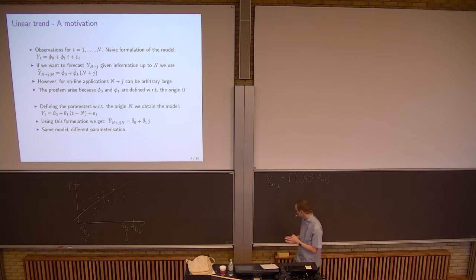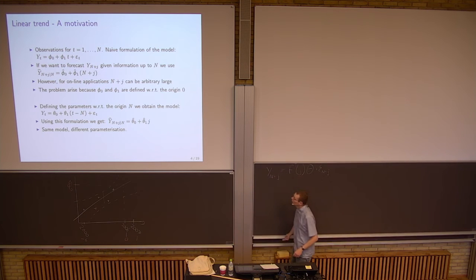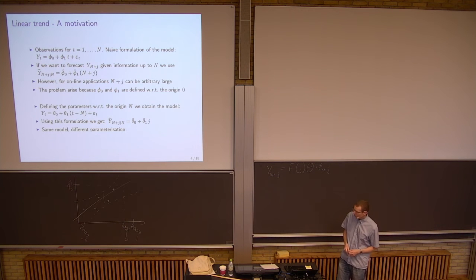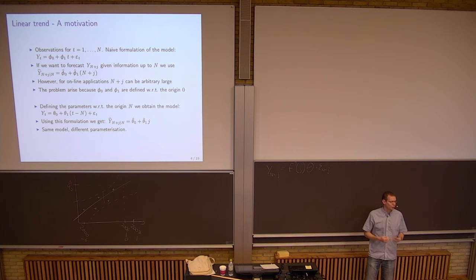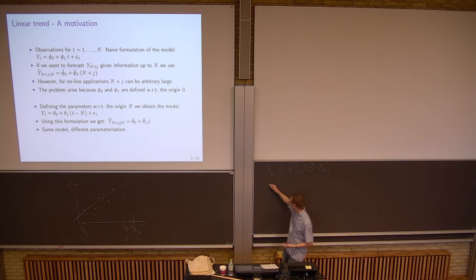Oh, I should do one more thing. So how do we solve this? When we have a model of this form, if you want to write it up on the usual form to fit a linear regression model, we will of course have the observations down to yn, starting from y1.